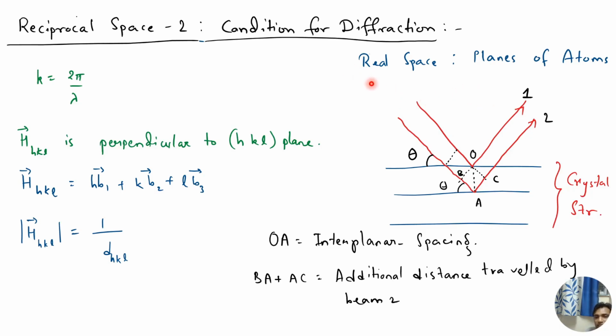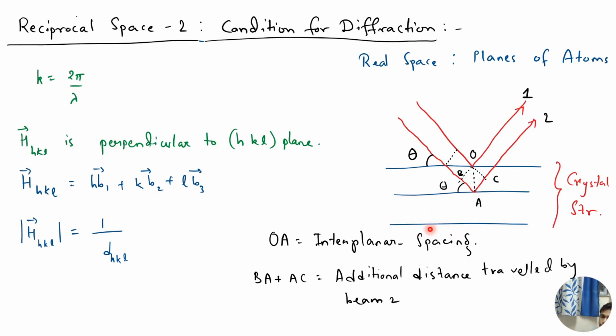So let us say that some waves are falling like that. Mostly it is X-rays, or it can be an electron beam, anything. So let us say that X-rays are falling like this, and it is getting diffracted by this plane. What these blue lines are denoting are the atomic planes.